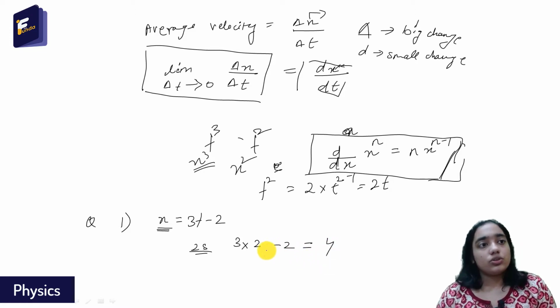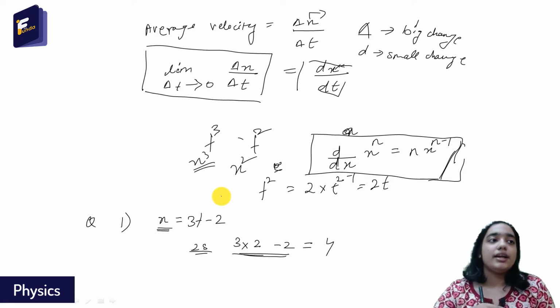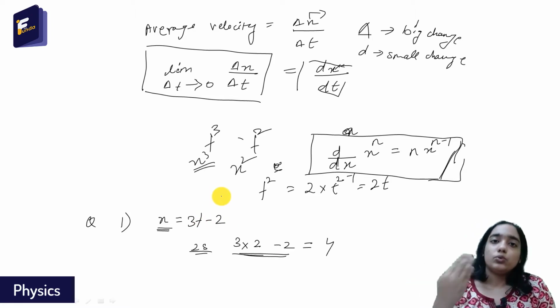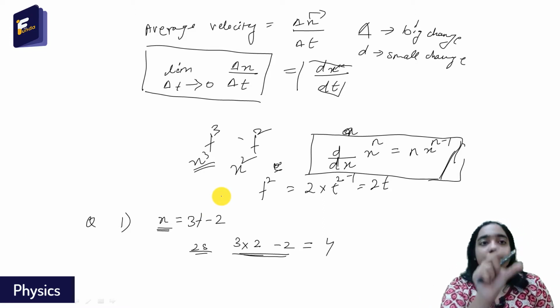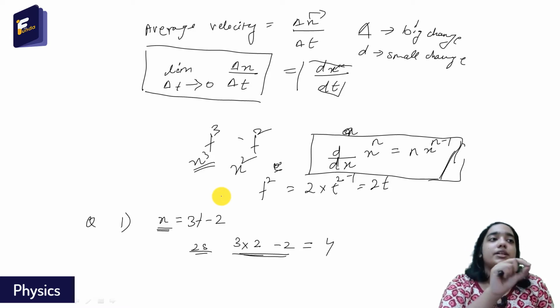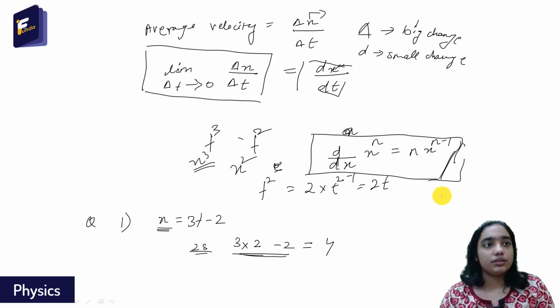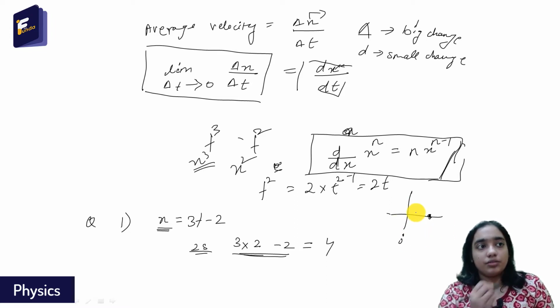The meaning is this: at any time t, which can be 2 seconds, 3 seconds, 4 seconds, the position of the particle is represented by 3t minus 2. So at t equal to 2, it will be at x equal to 4. If this is the origin, and we define the right side as the positive direction, then the particle will be here.